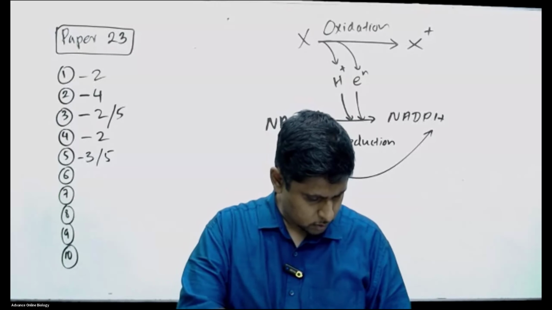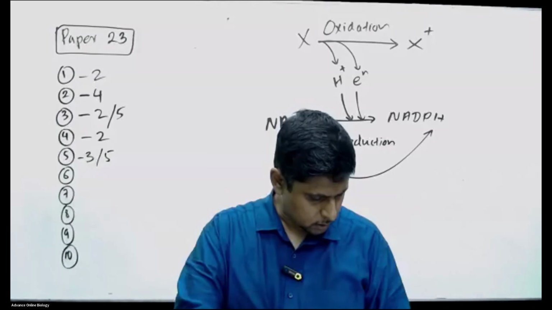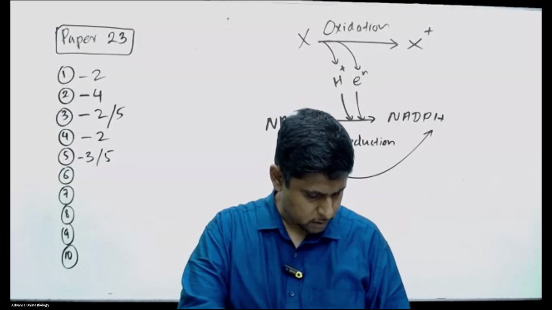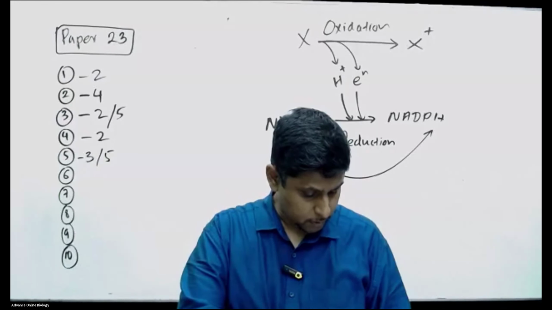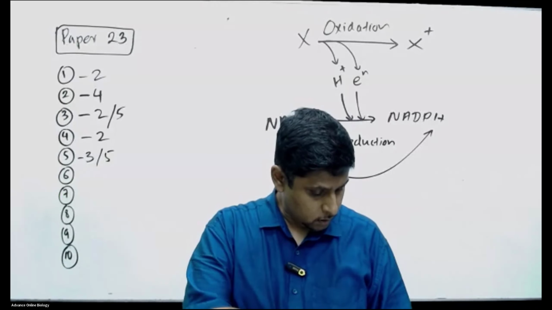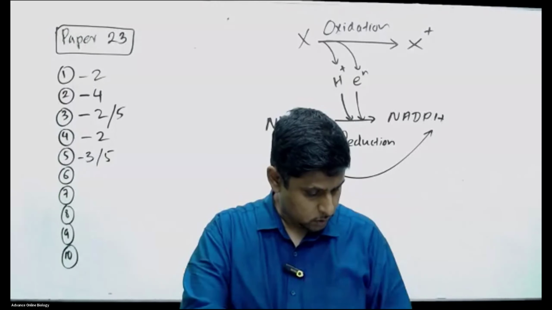It says electrons release yield oxygen. Electrons will be accepted by the primary electron receptor of photosystem 2, the process is called linear electron flow.